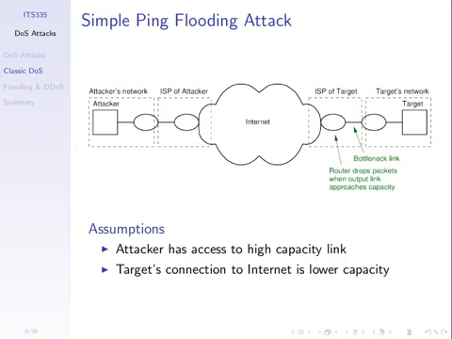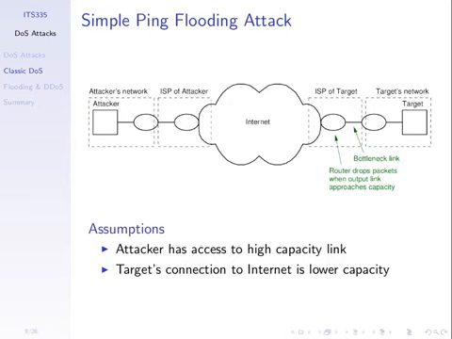And that the attacker, they also connect to an ISP, but it's faster than the target's. That may not be so realistic, but we'll come back to that in a moment. So this is the bottleneck link. So what the attacker tries to do is to send enough packets to the target such that this bottleneck link is overloaded. It has some capacity.